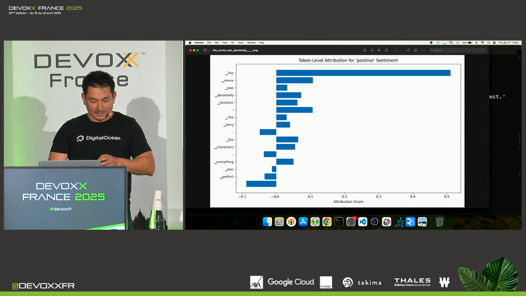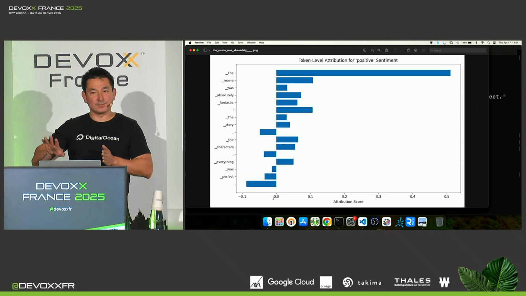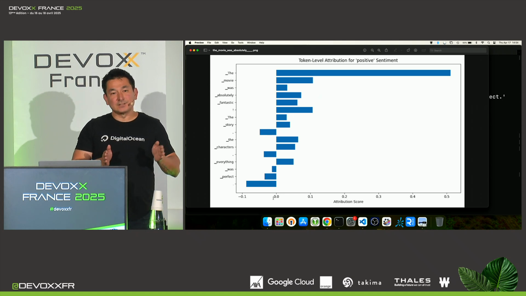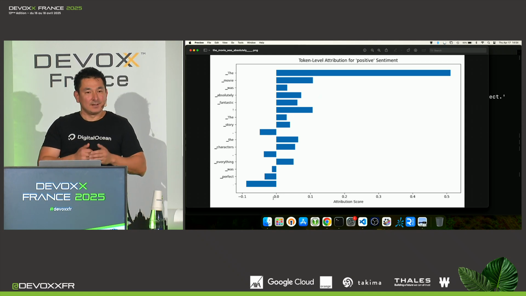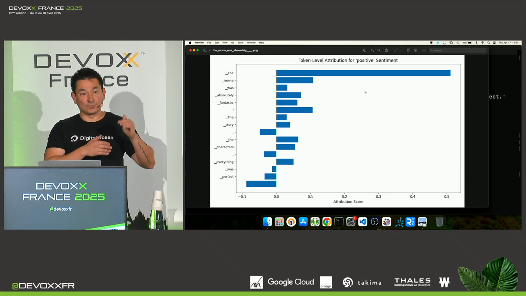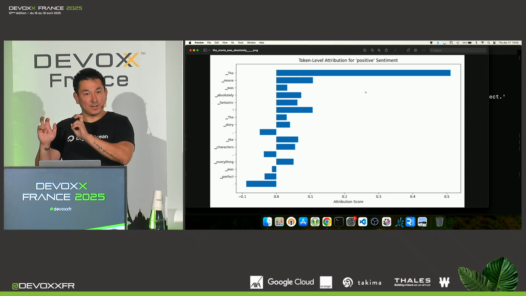At the 0 marker, everything to the right of it contributed to a positive sentiment, and everything to the left, a negative score lower than 0, contributed to a negative sentiment. It shows you how it leaned in the direction that it did. In this example, it reflected a positive sentiment, and you can tell by the attribution scores for the words and the way they are structured in the sentence, how that shifted everything over to be classified as positive.